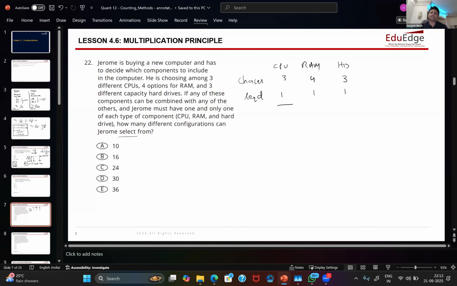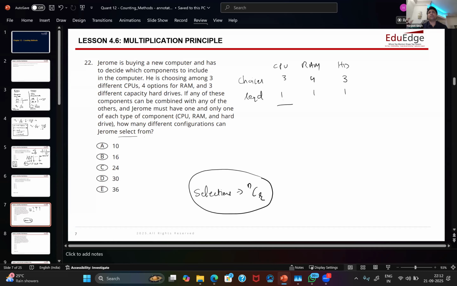So can I say in the first case, the selection will be from how many? Out of 3, you can select one, right? So whenever we talk about selections, we have to use the nCr formula.